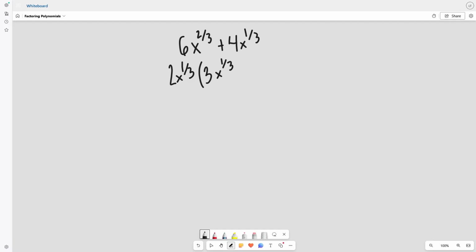So we want to make sure we are adding the exponents. And then what times 2x to the 1/3 equals 4x to the 1/3? That would be 2. And that gives us our answer.